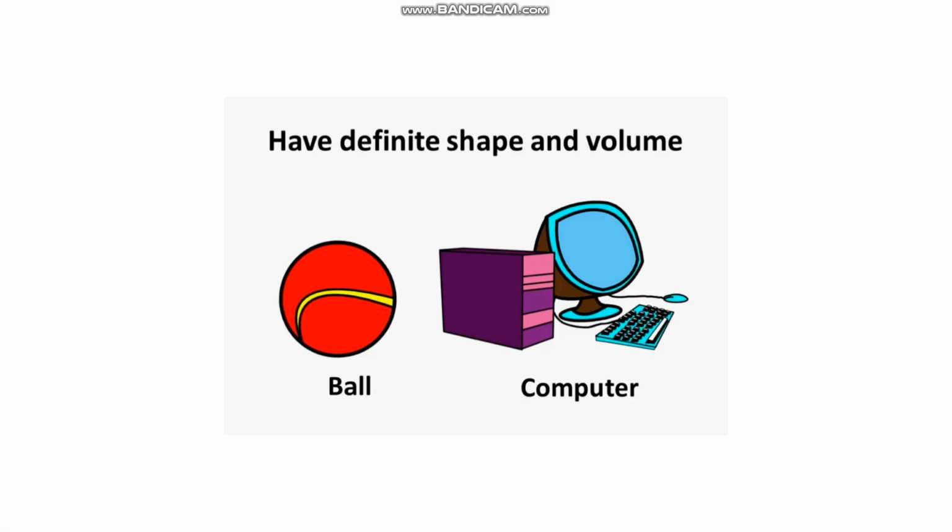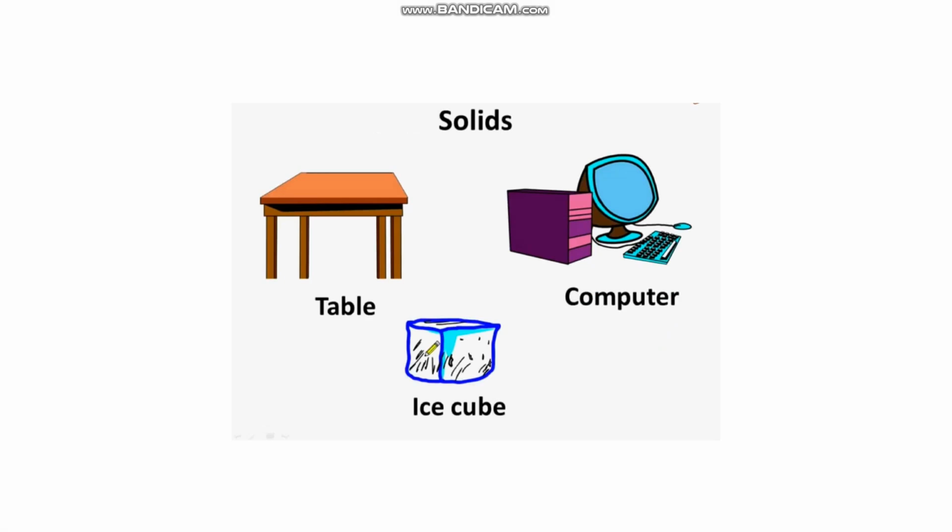Same with the computer. Its shape would not change, and the space occupied by a ball or a computer remains the same. So we can say both have definite shape and volume. These substances or objects which have definite shape and volume are called solids. So ice is an example of a solid.